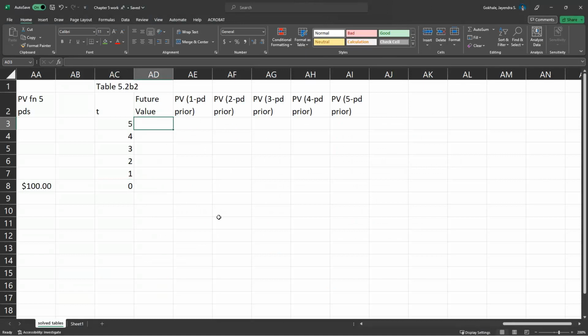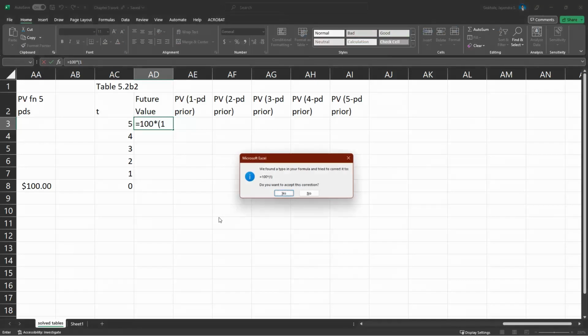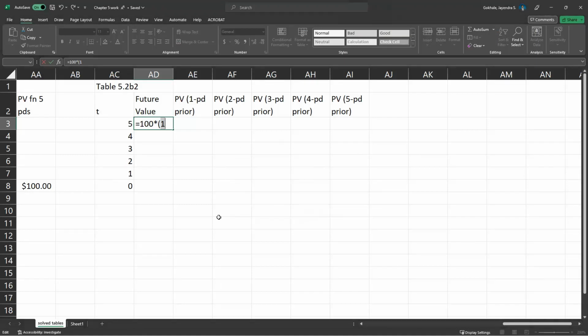So first of all, we know that 100 times 1 plus, we want to do it ourselves, sorry. So 1 plus, let's just say $AE$1, just for the sake of simplicity, to the power of 5.